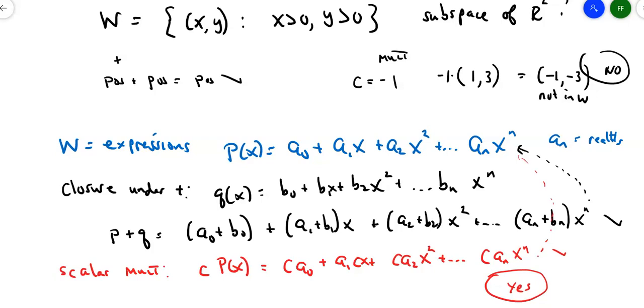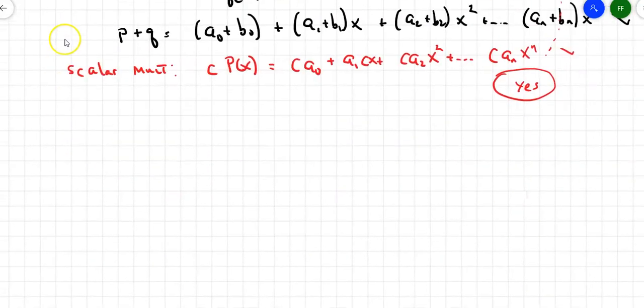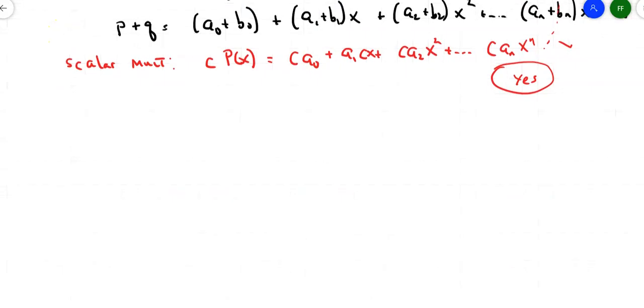Okay? So are expressions in that form a subspace? Yes. They are closed under addition. They're closed under scalar multiplication. All right, let's look at another one. We'll look at something in R2. What if my subspace was defined this way, as x comma 3x, where x is a real number?